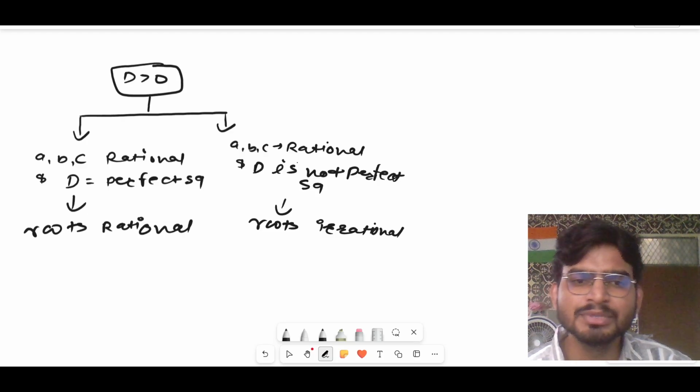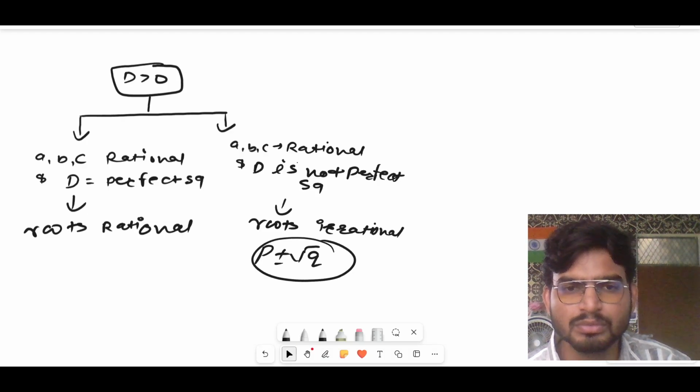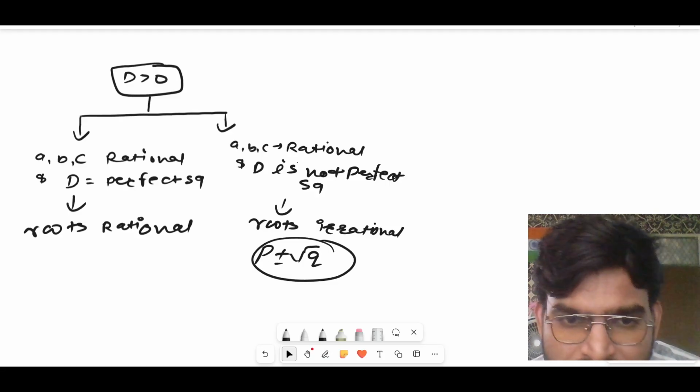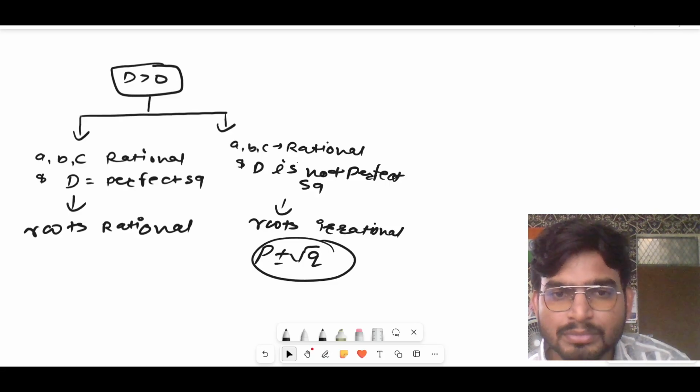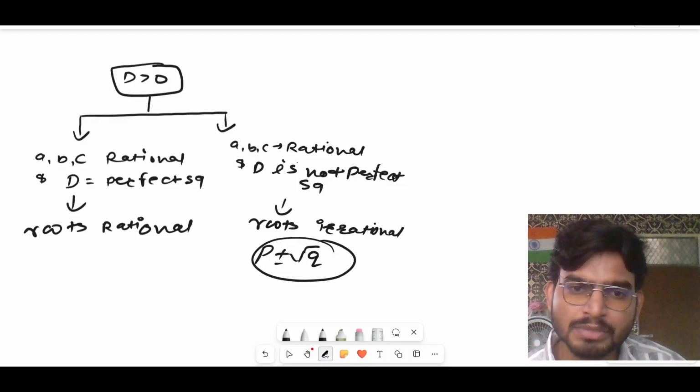Irrational means roots of the form p plus minus root q. We will get the roots in the form of a pair: one will be p plus root q and the other will be p minus root q.